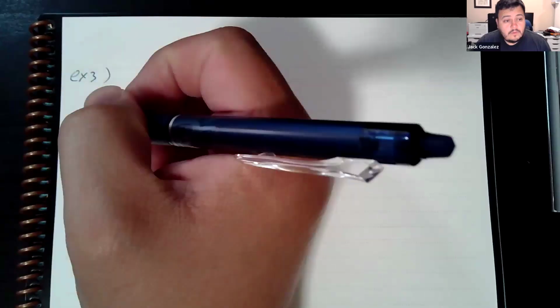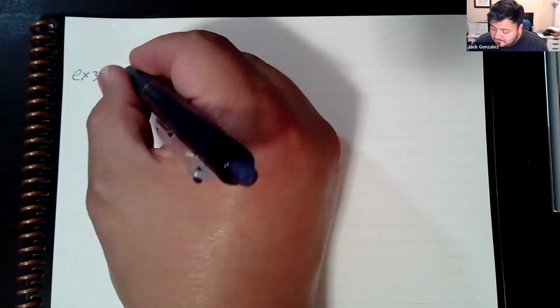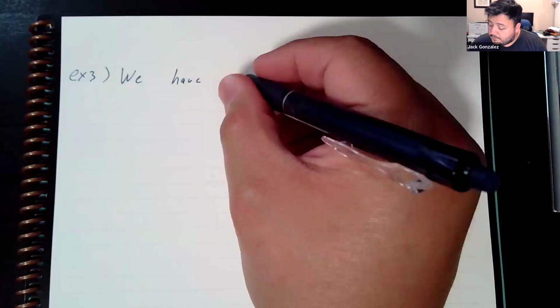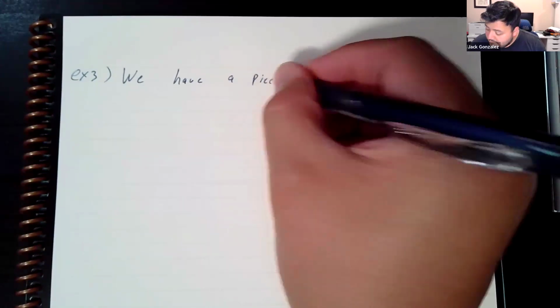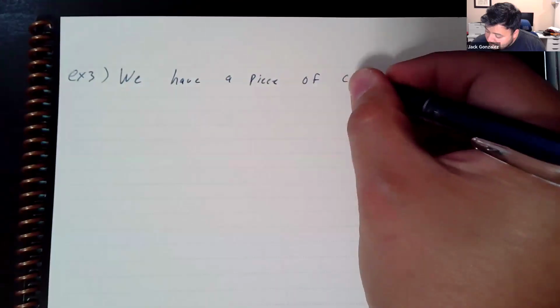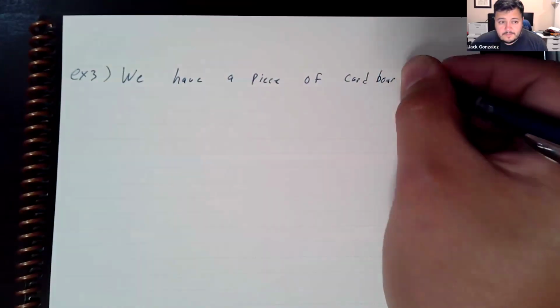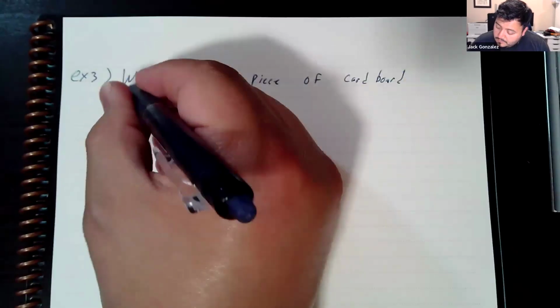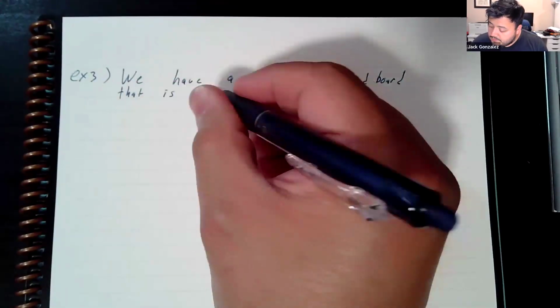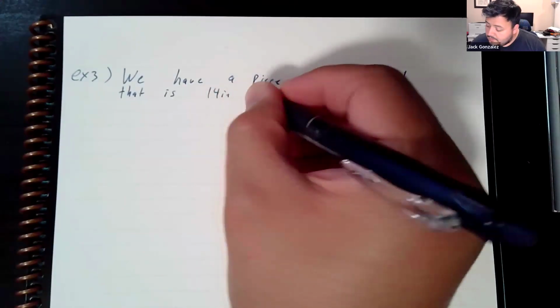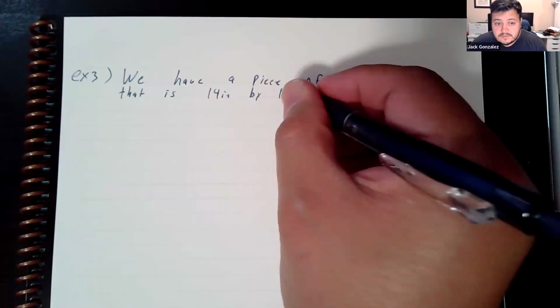So this one's a pretty cool question. So this is optimizing a box, the volume of a box. So we have a piece of cardboard that is 14 inches by 10 inches.